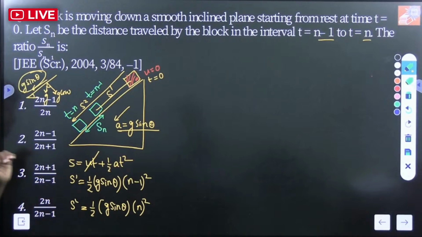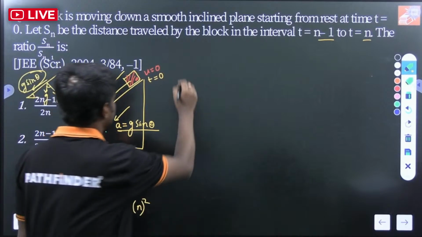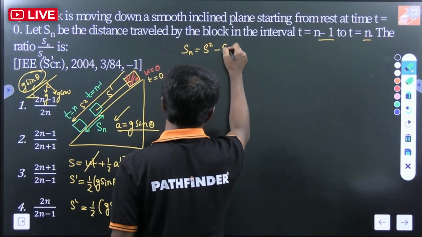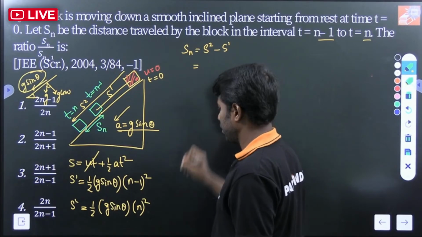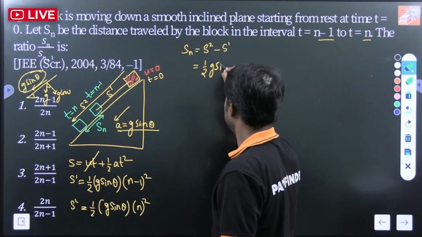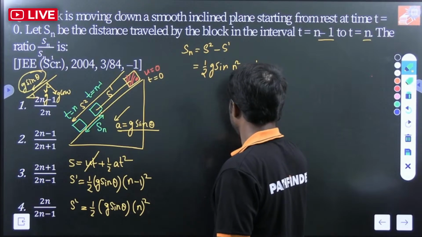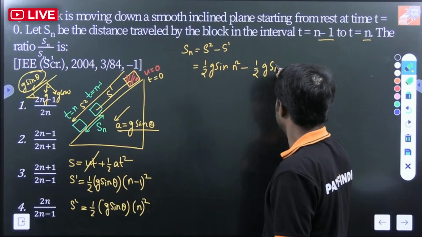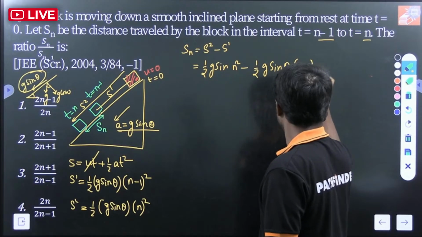So now we will get Sn. Sn value is nothing but S2 minus S1. These are not squares, okay? So now for S2 we put 1 by 2 g sin theta into n square, minus 1 by 2 g sin theta into (n minus 1) whole square.